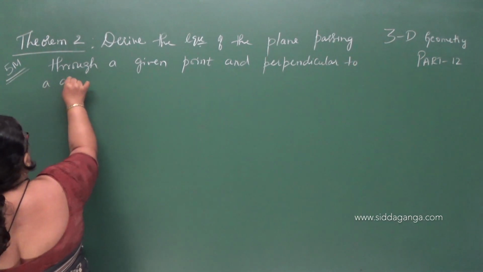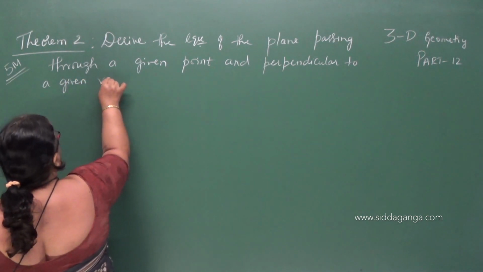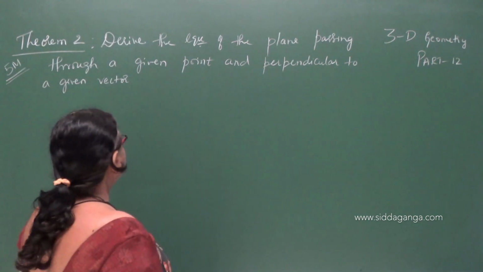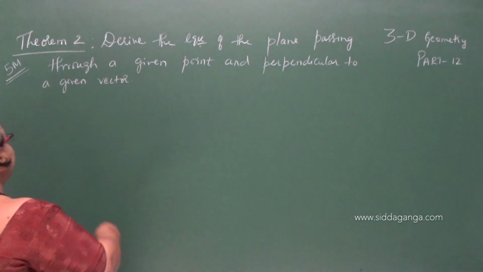Perpendicular to a given vector means that it is the normal.